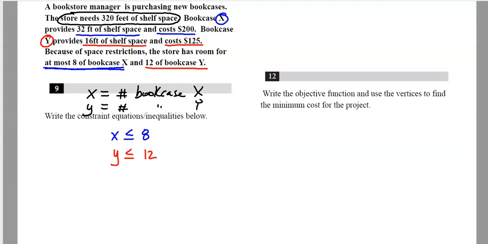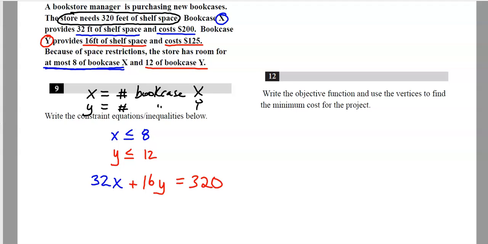So I have 32 feet times every X bookcase of shelf space. Probably not one shelf 32 feet long, but it's probably stacked up high. Plus, I have 16 feet for every Y bookcase. And I need that to come out to be 320.